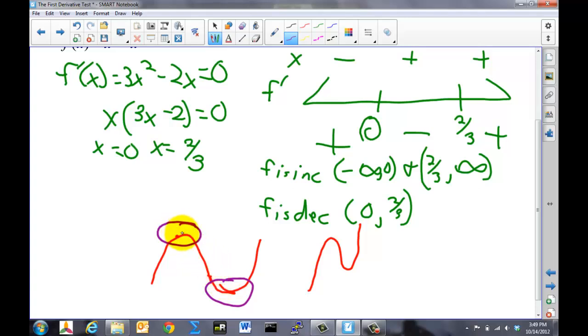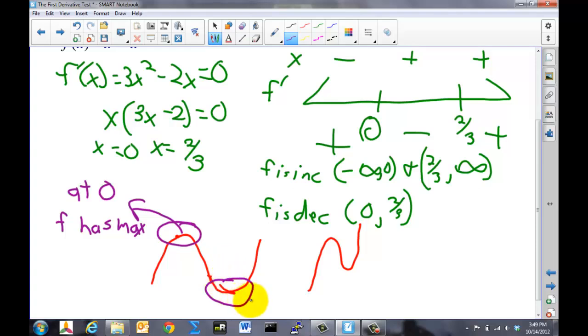So what does that tell us about this point right here? At 0, what can you tell me about this point of the function? f has a maximum. Wouldn't you agree? Now it's not an overall max, because out here the function probably goes up higher, but it is a maximum in this area.